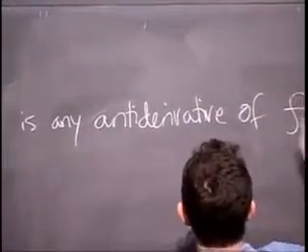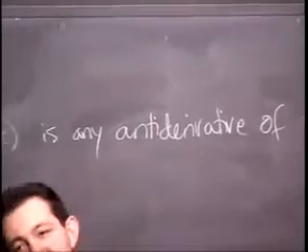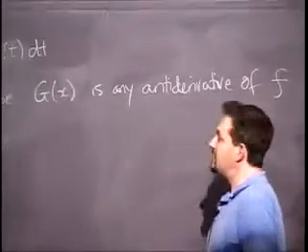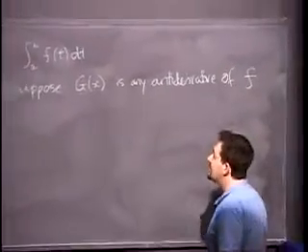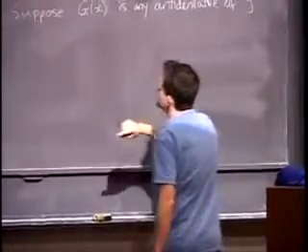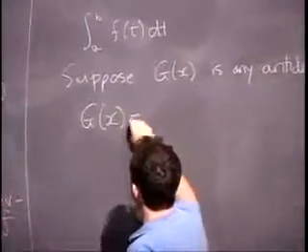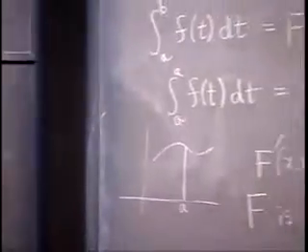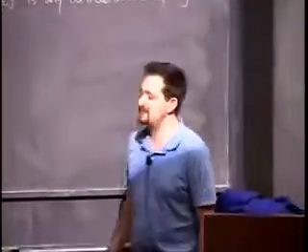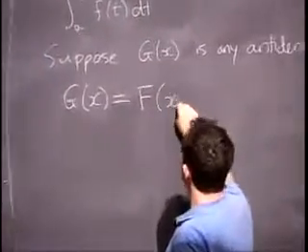Okay, so we have this antiderivative. If we can find one, my point is it doesn't matter which one we use, as long as you get the formula right. What do we know? We know that capital F, defined in our way, well, it was defined on the previous board. We don't need to scroll over it. We know that capital F is an antiderivative. G is another antiderivative, so they must differ by a constant.